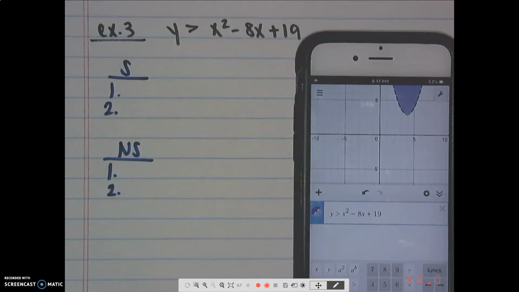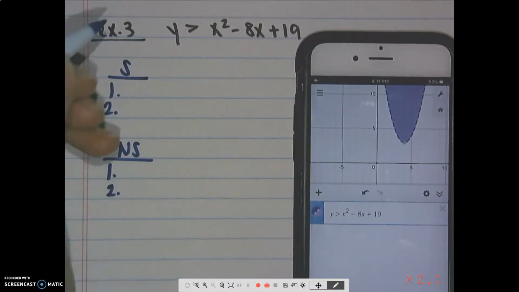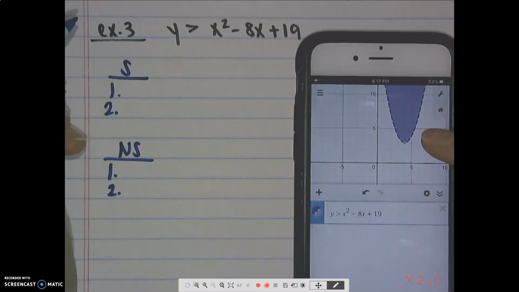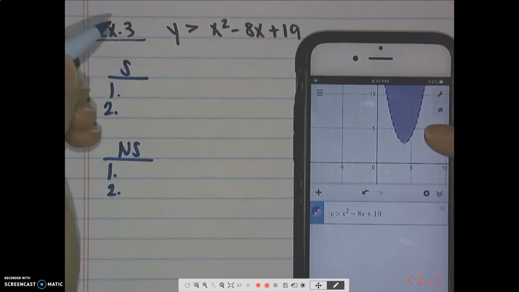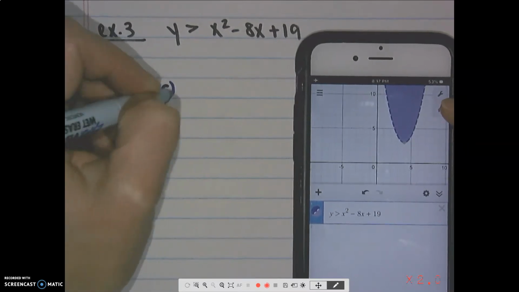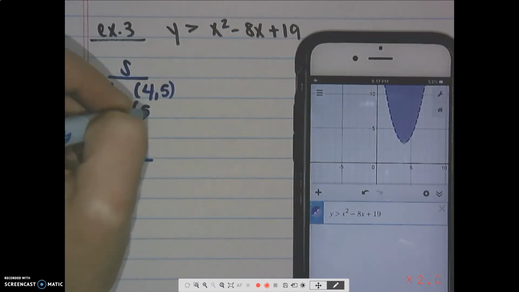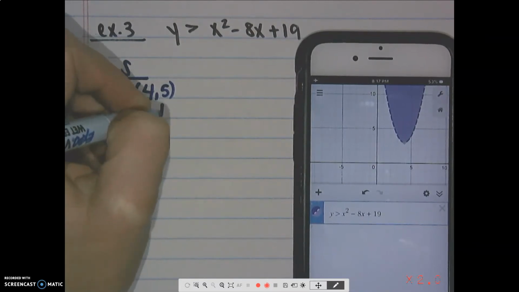In this case, our solutions are over here in the shaded region. Can we choose anything that is on that curve? Nope, we are not allowed because it is a dashed line, or a dashed curve. So let's choose the point 4, 5. That's happening in the shaded area, or the point 5, 10.